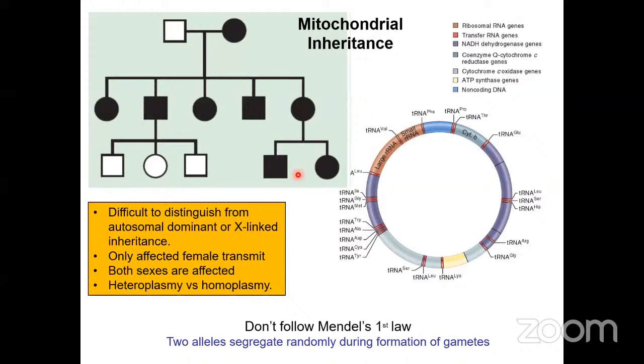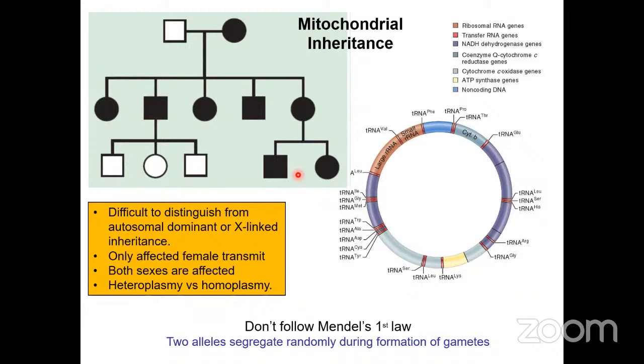We need to understand something called heteroplasmy and homoplasmy. Let me explain this. Say you take a muscle fiber cell or a cardiac muscle cell. You will have hundreds or thousands of mitochondria in that particular cell. Some of them may have the mutated gene. Some of them may have the non-mutated gene.